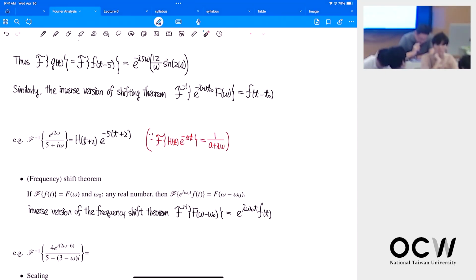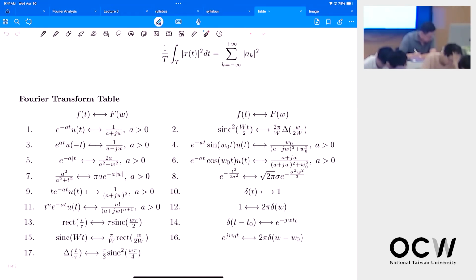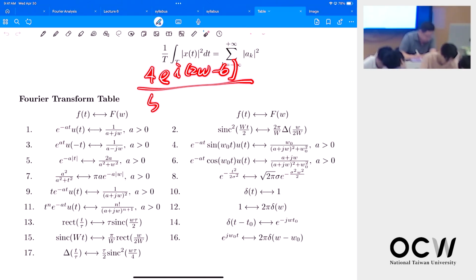So now let's see this example. I want to find the inverse Fourier transform of this one. Go to the table, and let me write it down. It should be 4 times e to the j 2 omega minus 6, divided by 5 minus 3 minus omega times j. This is in frequency domain.